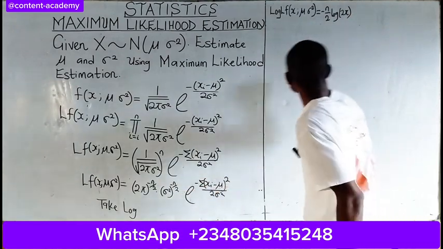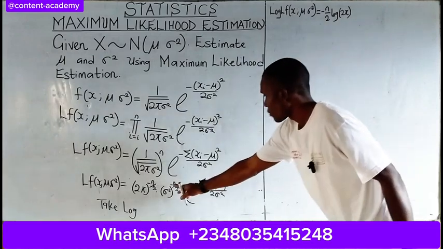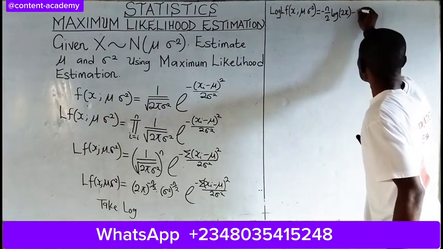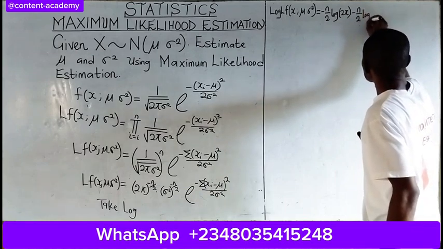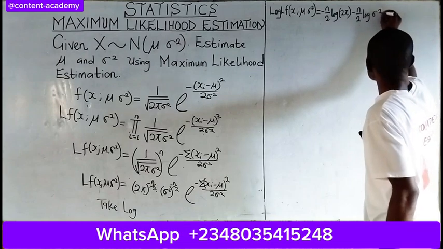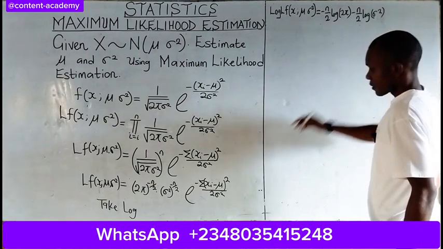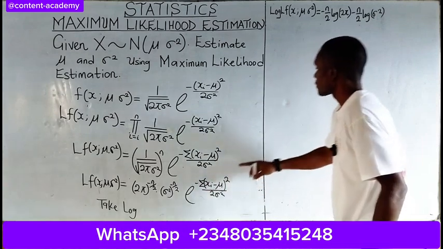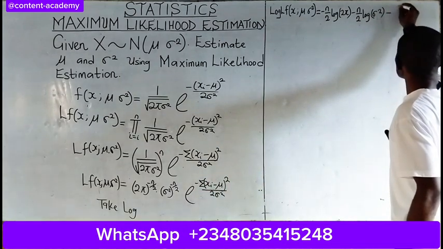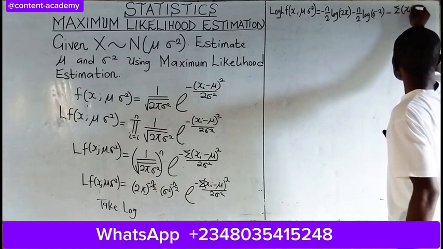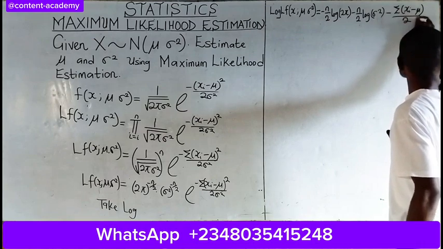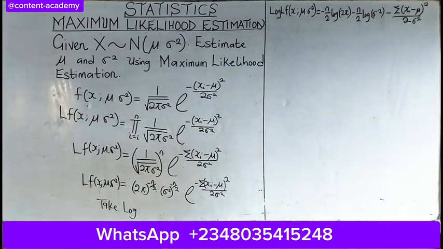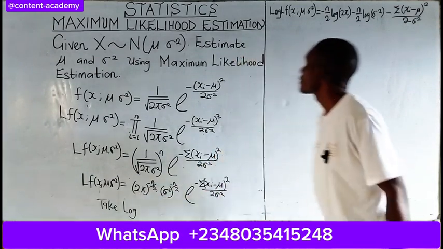If we take the log of this, it's supposed to be plus, but because of this sign, we have negative n all over 2 log sigma squared. If we also take the log of this, we have negative summation (xi minus mu) raised to the power of 2 all over 2 sigma squared. So we have succeeded in taking the log.